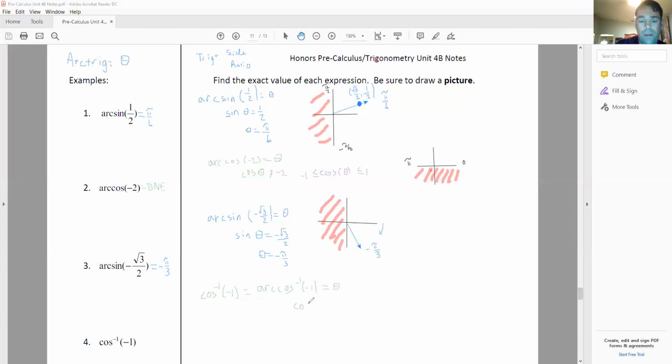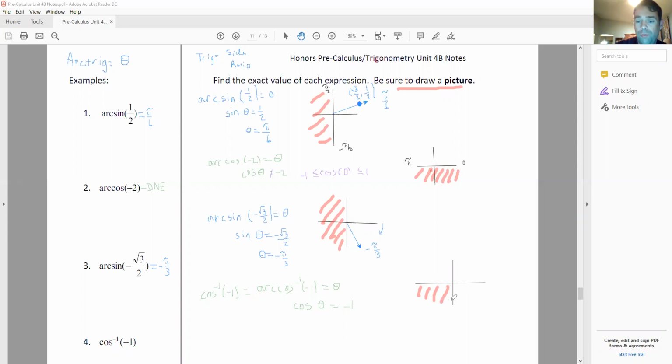So cosine of theta equals -1. Some of you can already see where it's at, but I like to draw a picture every time anyways. I think it's helpful. I'd like for you to draw a picture, at least at the beginning. Also, if I say to draw a picture, you probably should draw a picture.